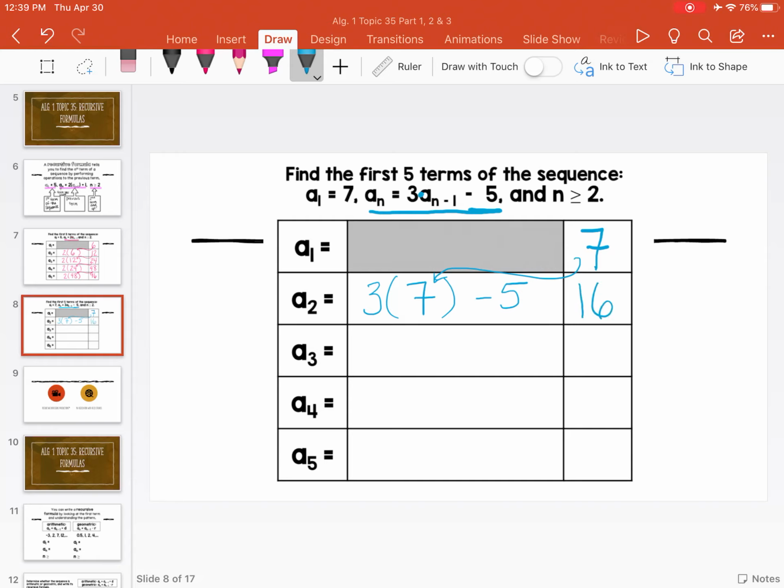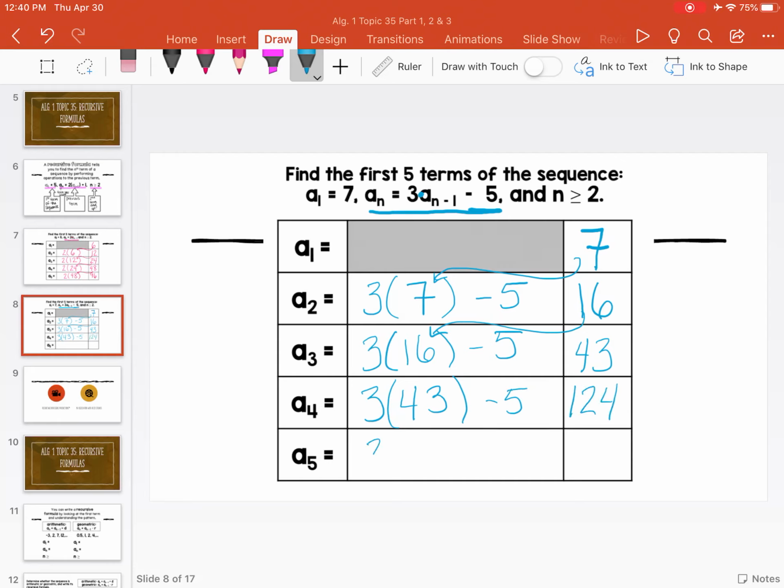Now I'm going to plug the 16 in. 3 times 16, also known as my previous term, gives you 48, minus 5 gives me 43. Plug in 43. 3 times 43 gives me 129, minus 5 gives me 124.